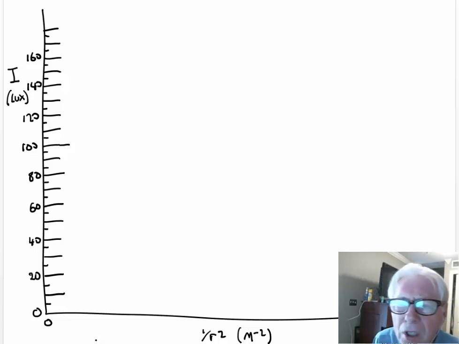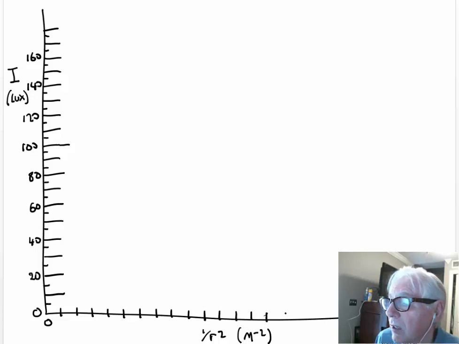And I come across and I work out my scale, and I'm going to go 1, 2, 3, 4, 5, 6, 7, 8, 9, 10, 11, 12, 13, 14, 15, 16, 17, 18, 19, 20. And this is going to be 1, 2, 3, 4. Let's do this in twos. 2, 4, 6, 8, 10, 12, 14, 16, 18.